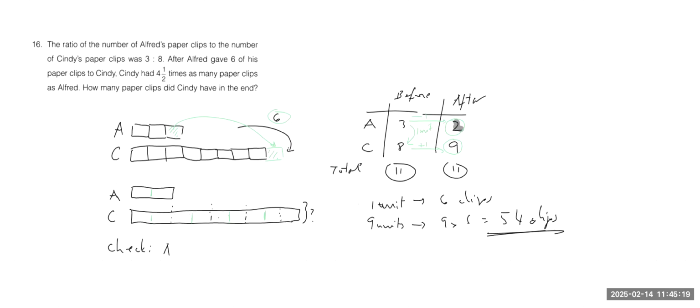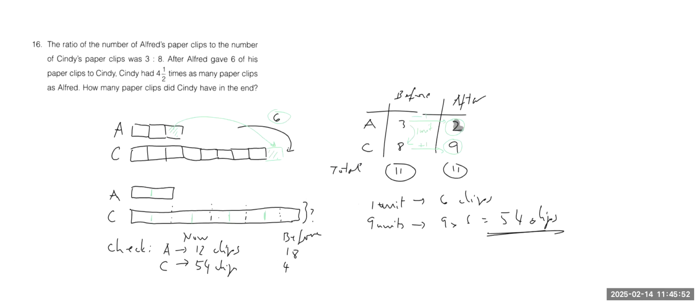So if he has 12 clips and Cindy, as we said, has 54 clips, the question is then, before this transfer happened, what was it before? Well, Alfred had 6 more, right? So he had 12 plus 6, 18. Cindy had 6 less. So 54 minus 6 is 48.